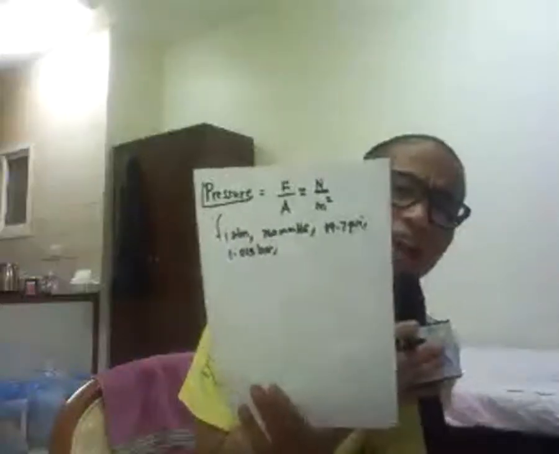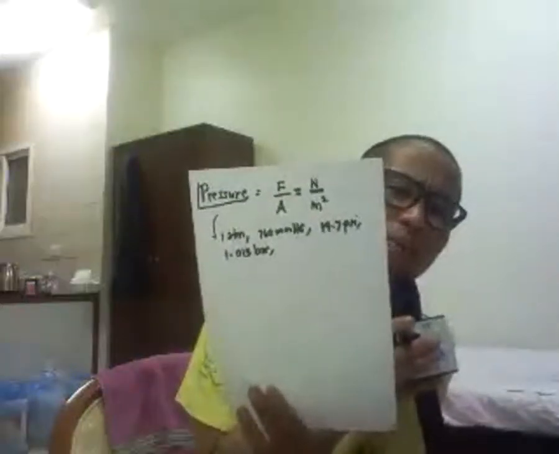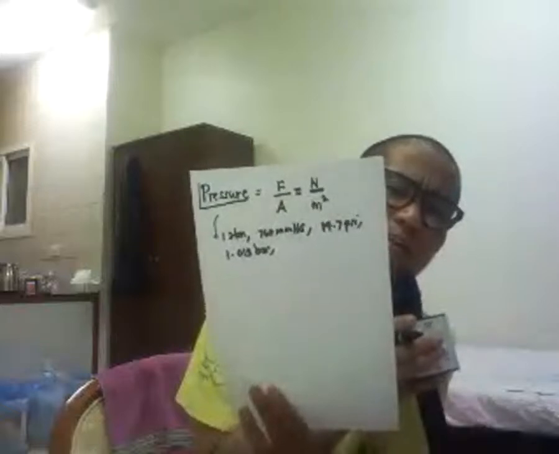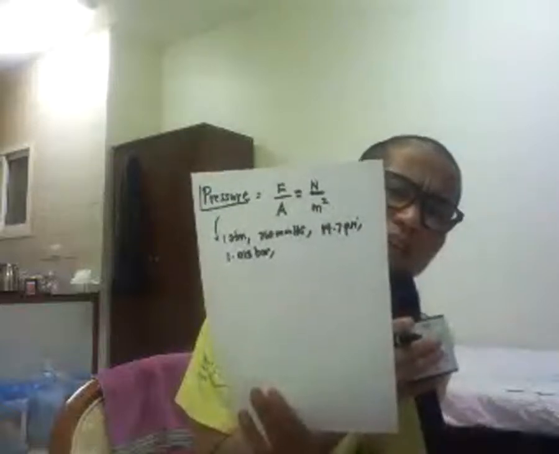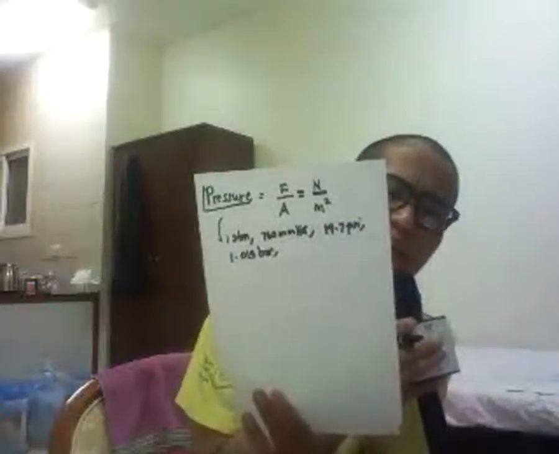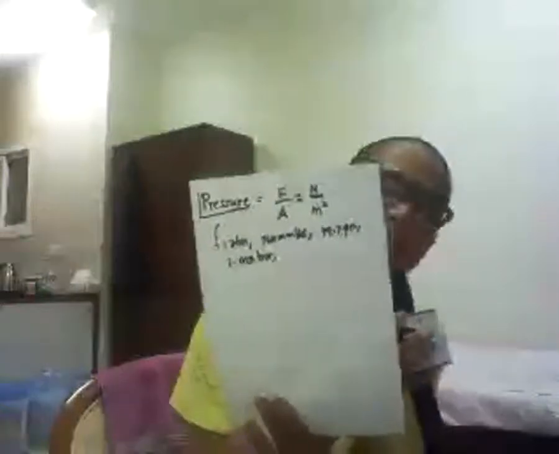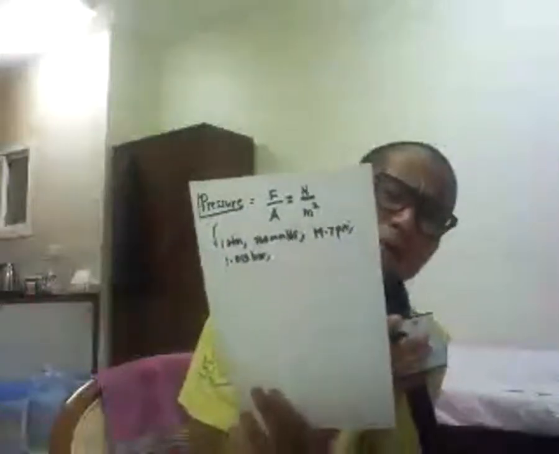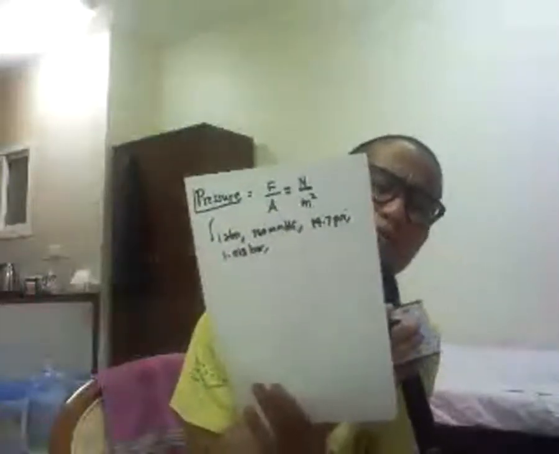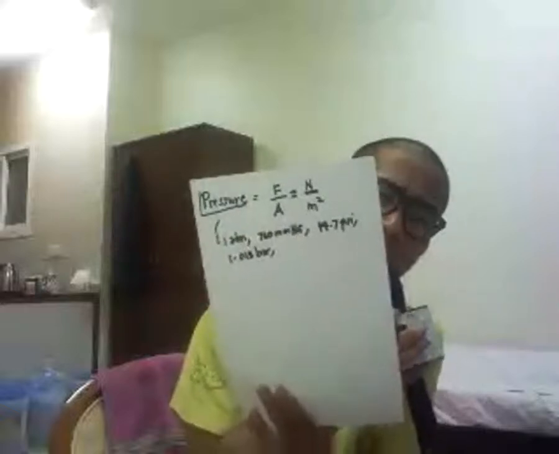14.7 psi. And we also have bar: 1.013 bar is equal to 1 atmosphere. Actually, 1 bar is equal to 1 atmosphere. Some books neglect the 0.013 because it is very small to account for in the problem.